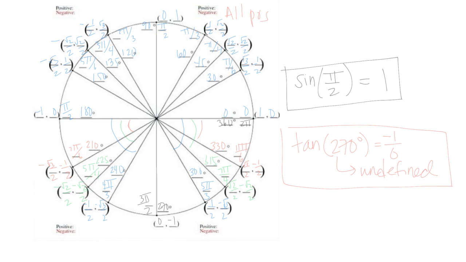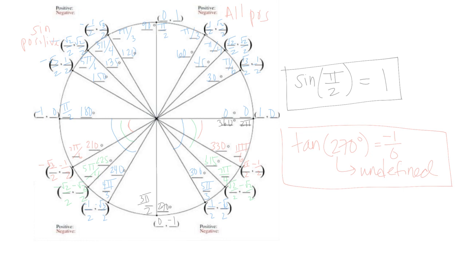If cosine's negative and sine's positive, when you divide a negative by a positive, you get a negative. So in quadrant 2, tangent is also negative. So the only thing positive in quadrant 2 is sine. Everything else is negative. And when I say sine is positive, that also means that cosecant is positive. It's reciprocal, takes the same sign.